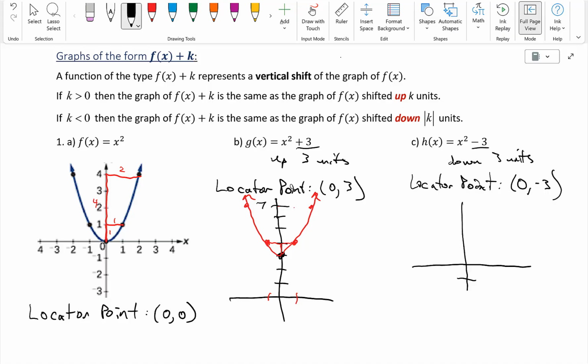I'm going to go down 3 units for my new starting point, or locator point. And we're still going to use that same triangle, up 1 over 1, and then up 4 over 2. So up 1 over 1, up 1, 2, 3, 4 over 2. And we can do the same thing out to the left to keep the shape of that graph the same.